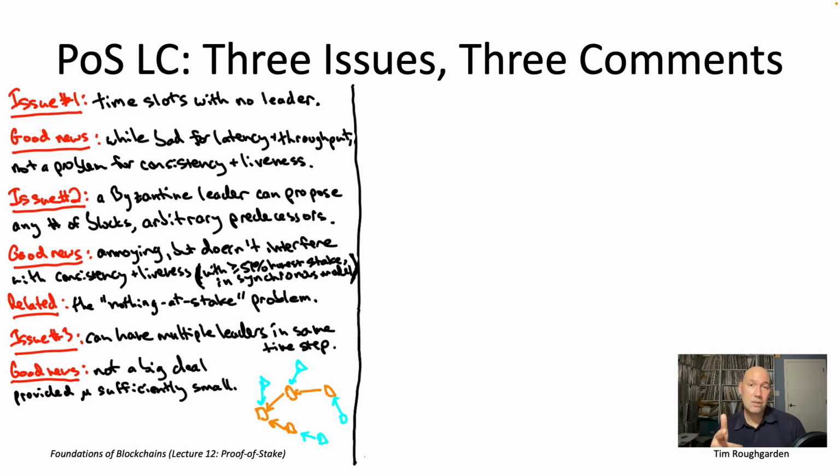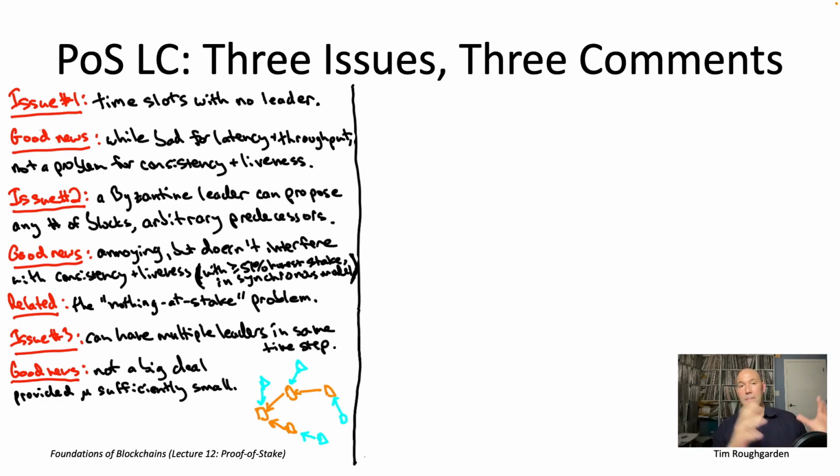Right? If you have two honest leaders, they might both independently propose conflicting blocks, both extending the current end of the longest chain. One of those blocks, at least, is going to get orphaned, wasting the contribution of that honest leader. If you watch the video from lecture number 9 about extending our guarantees for Nakamoto consensus from the supersynchronous model to the standard synchronous model, we saw something very similar back then.